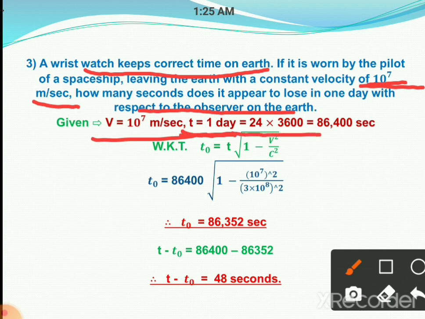It should be converted into seconds. Therefore, we get t is equal to 86,400 seconds. We know the relation between proper time and relativistic time: t naught is equal to t into square root of 1 minus v square by c square.